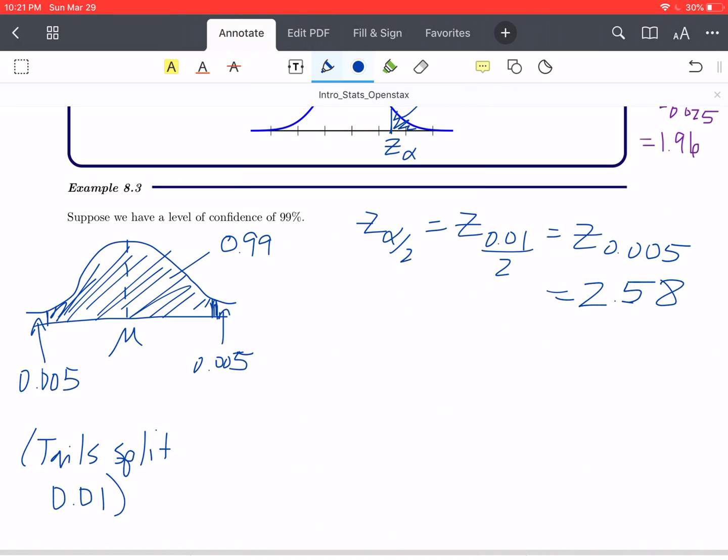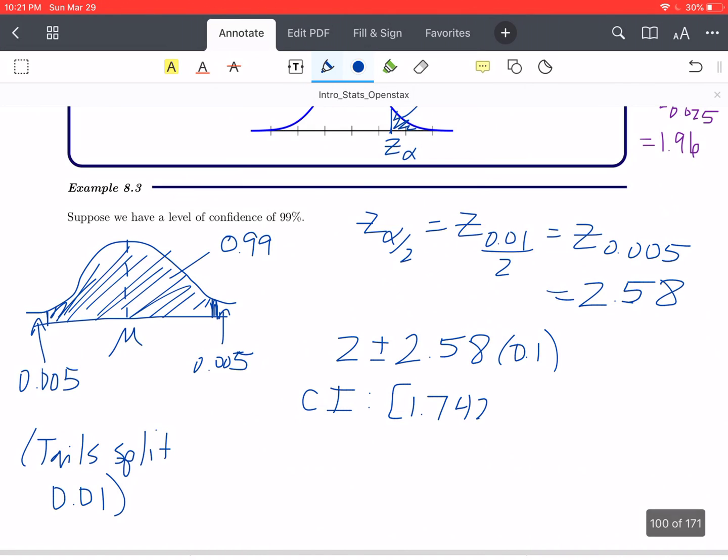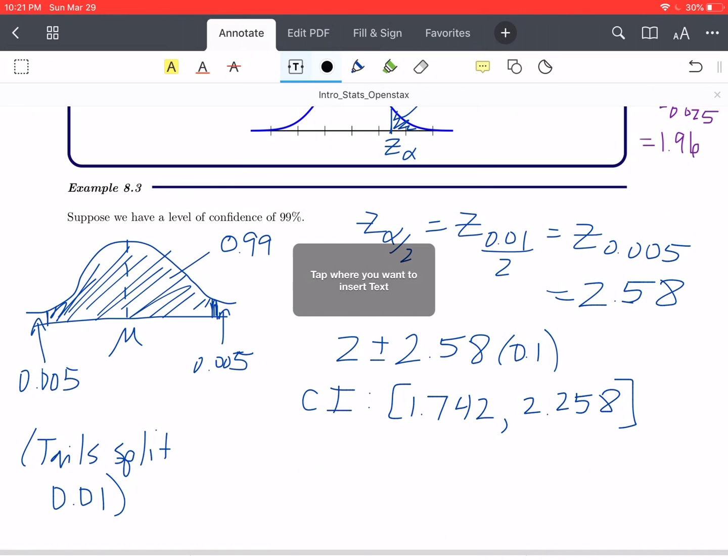Okay. So what we have here is we have the same mean, same standard deviation, so it's just 2 plus or minus 2.58 times 0.1. So our confidence interval is between 1.742 and 2.258. So let's interpret this statement.